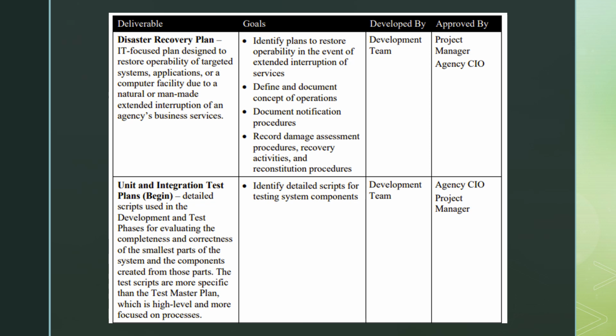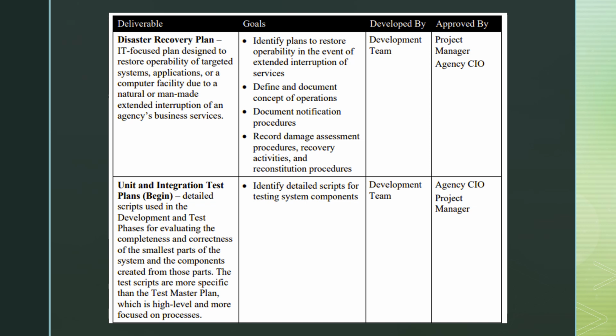Goals: first, identify plans to restore operability in the event of extended interruption of services. Second, define and document the concept of operations. Third, document notification procedures. And last, record damage assessment procedures, recovery activities, and reconstitution procedures.